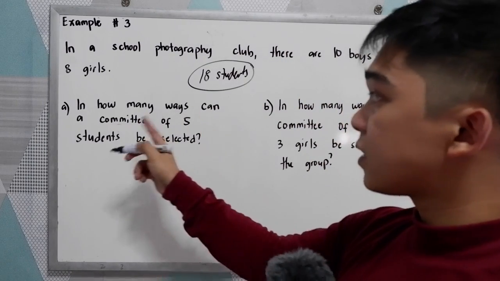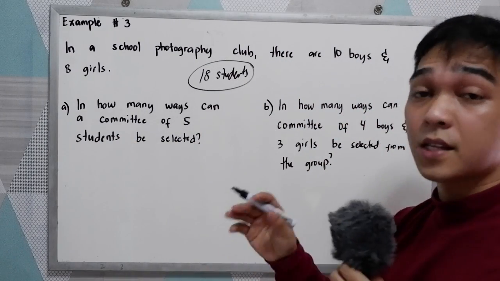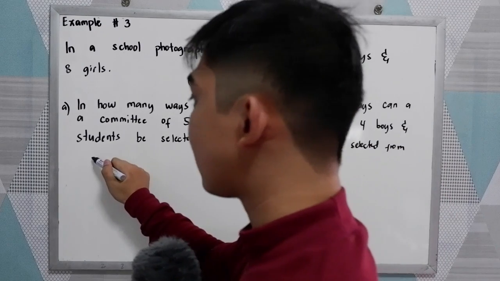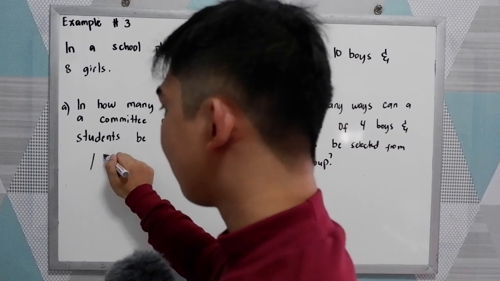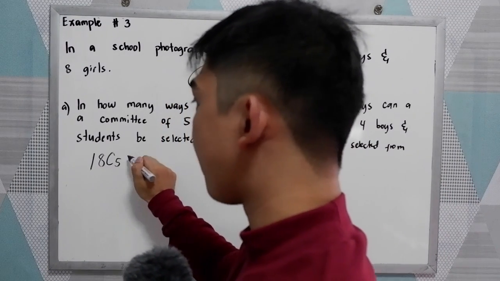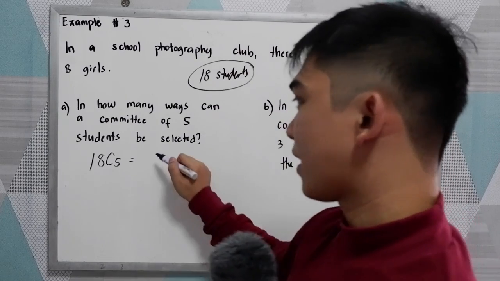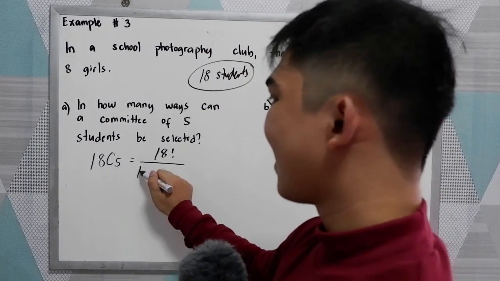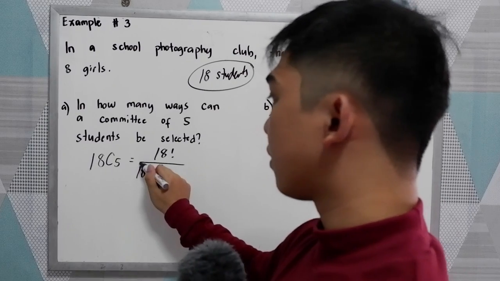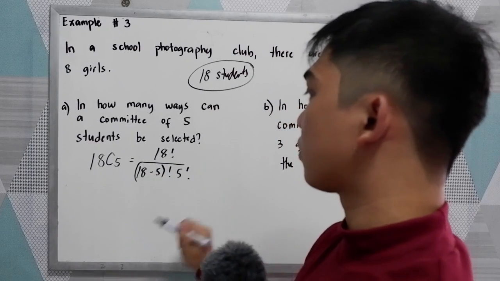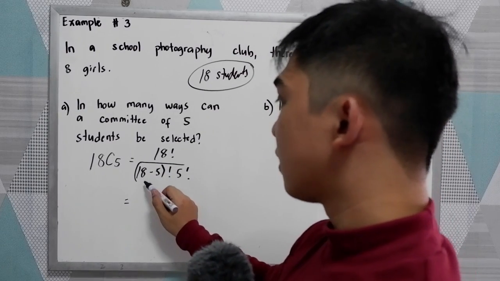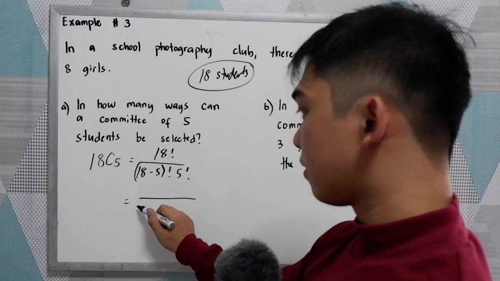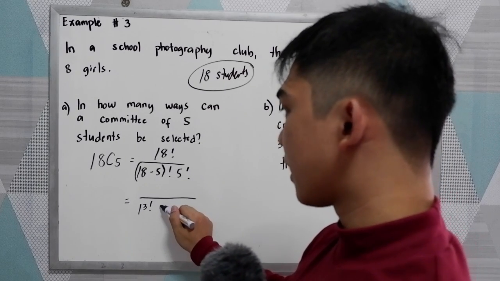Now, in how many ways can a committee of 5 students be selected? So simply that is 18C5. So that is 18 factorial over 18 minus 5 factorial, 5 factorial. So that is 18 minus 5, that is 13 factorial.